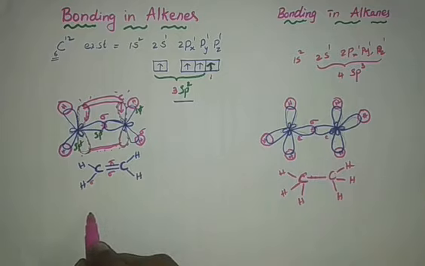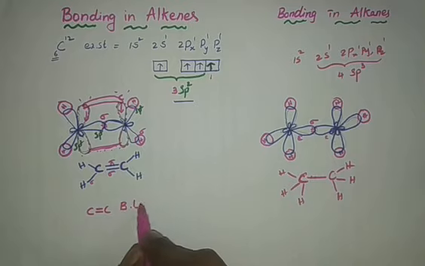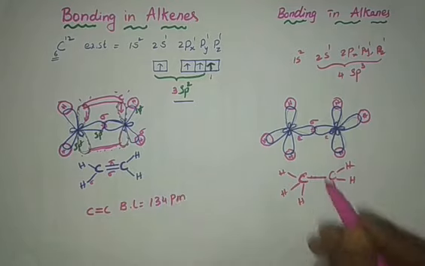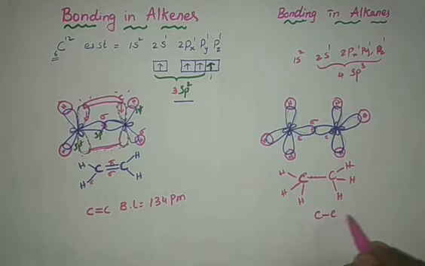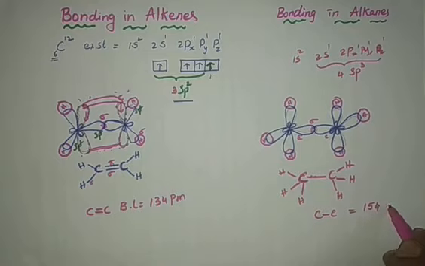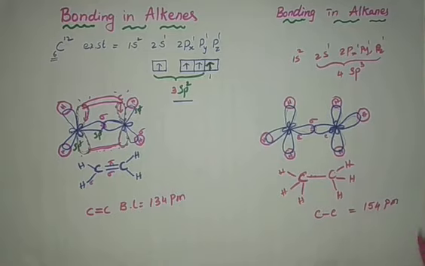For your sake, I am writing here: the carbon-carbon bond length is 134 picometers, whereas in this one the carbon-carbon bond length is 154 picometers. Please make a note of this. This is 134 picometers and this is 154 picometers.